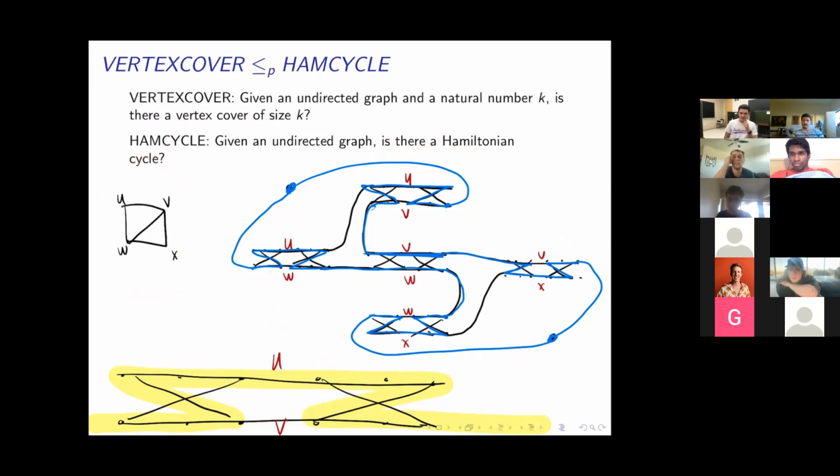But the reduction, given just any undirected graph with maybe a Hamiltonian cycle, maybe not, producing a different graph and a number such that that graph has a vertex cover if and only if the original has a Hamiltonian cycle, is demonstrably not what I did here.